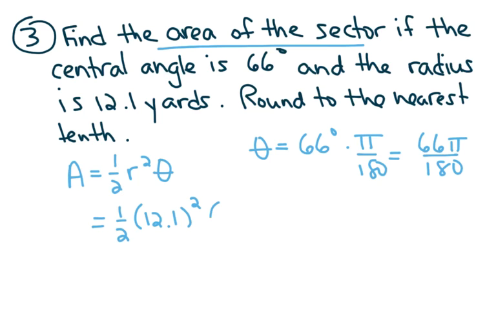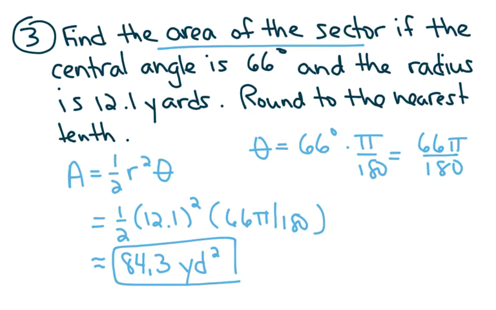That's the one thing that students forget when they use this formula, even though I'm giving you the formula. So you're going to do 1/2 times 12.1 squared times 66 pi over 180, and you should get approximately 84.3. Since it's an area, it's going to be in units squared, and the specific units for this problem are yards.